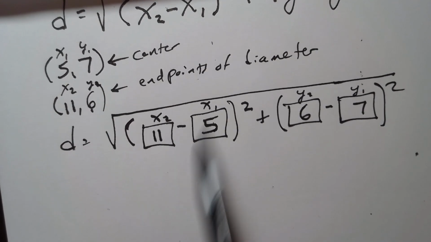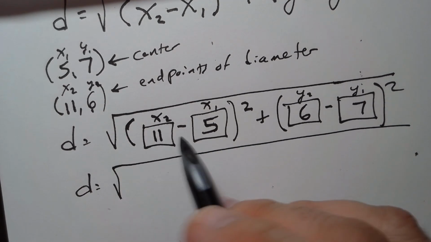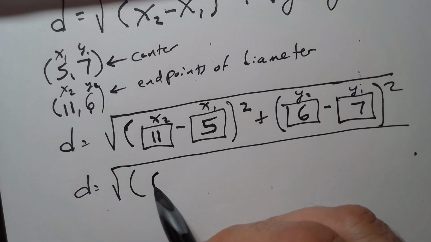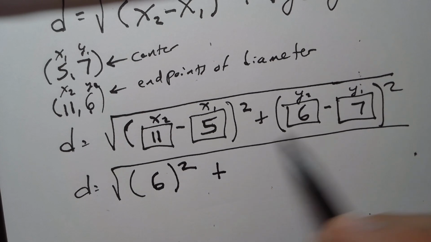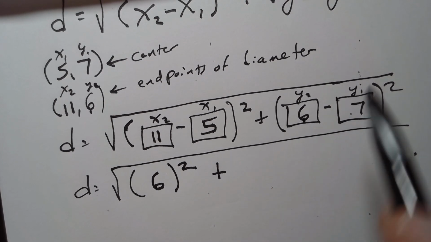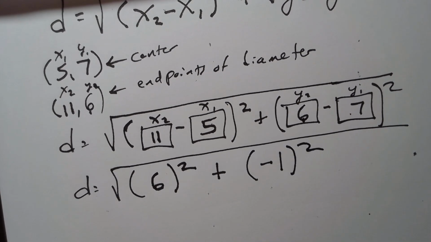So let's do some math here. Our distance is equal to the square root, and we have 11 minus 5, that is 6, and that's going to be squared. And I'm going to add to that, and I've got a 6, and I'm going to subtract 7. So that's a minus 1, and that's going to be squared.